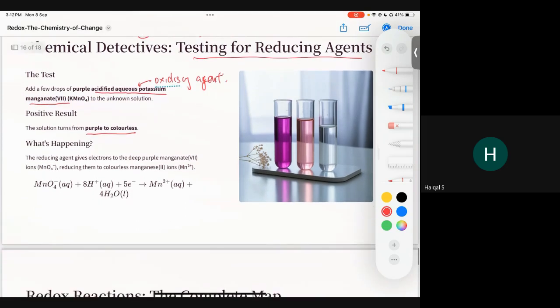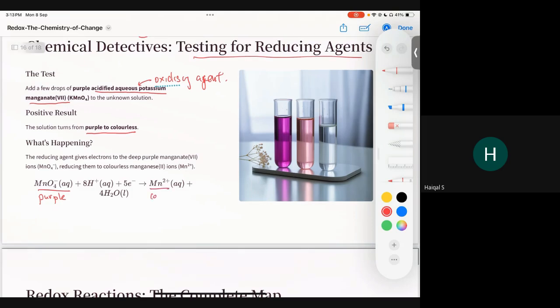So how do I know what really is happening? The MnO4 minus is actually purple in color. It is getting reduced by the reducing agent to Mn2 plus, which is a colorless ion. Because of that, if the solution changes from purple to colorless, it is a reducing agent.